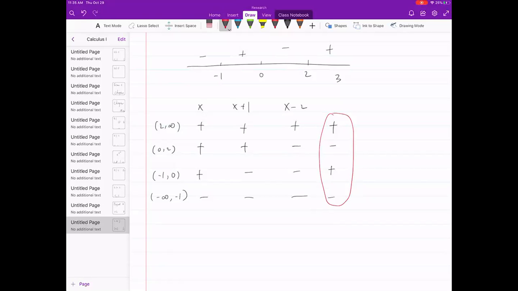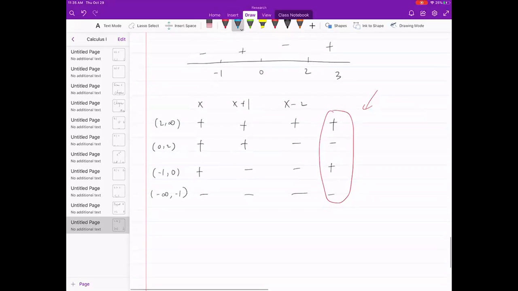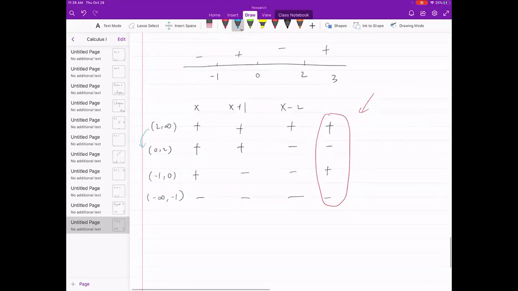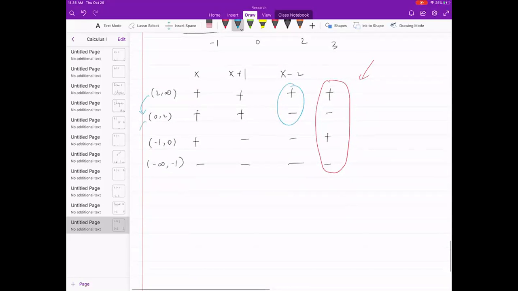So whichever way you like, you can do a test point, or you can do the argument. Personally, I prefer this way because it's easier for me to visualize. I don't have to actually calculate the number. Moreover, there are some tricks you can do. I won't introduce them in class, but you notice from here to here, only one of them changes sign. From here to here, only one of them changes sign. Which should make sense, right?